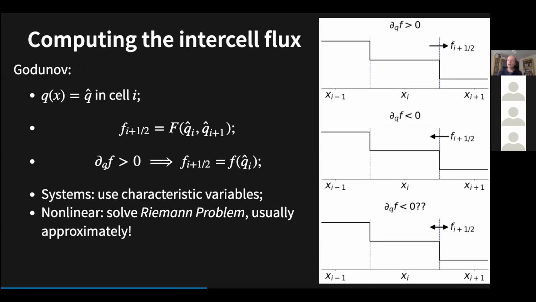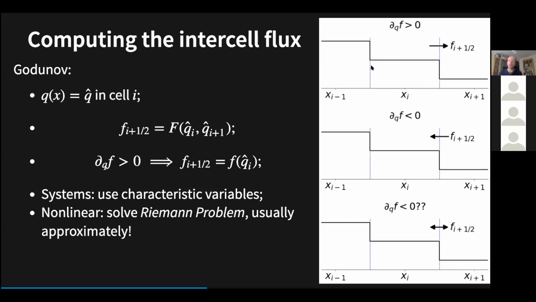So let's look at the first algorithm that we have for computing the intercell flux. This is called Godunov's method, and it and its variants are the fundamental underlying method that is used in the finite volume approach. In essence, what Godunov is doing is making the assumption that the solution is piecewise constant within the cell.